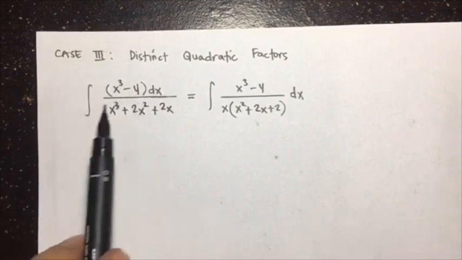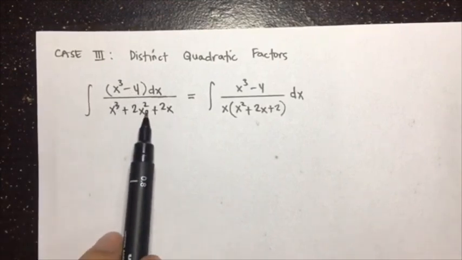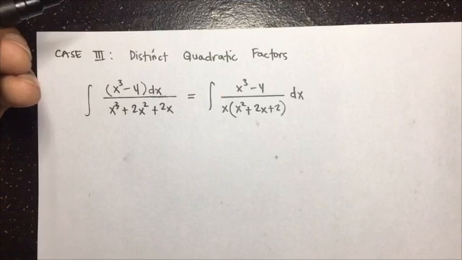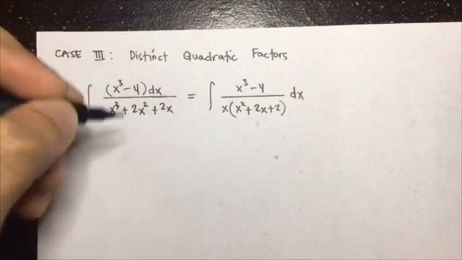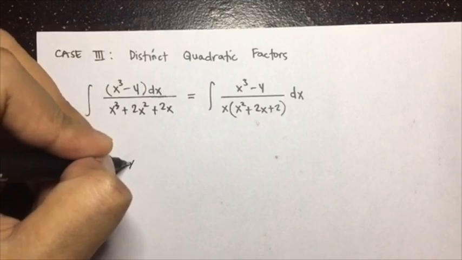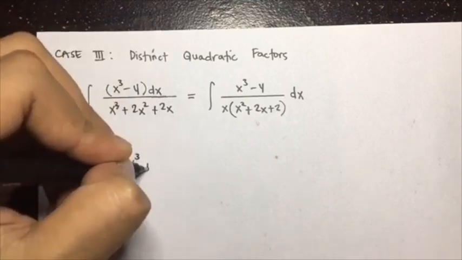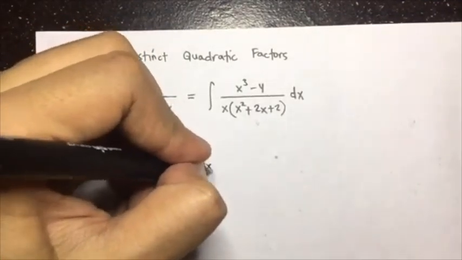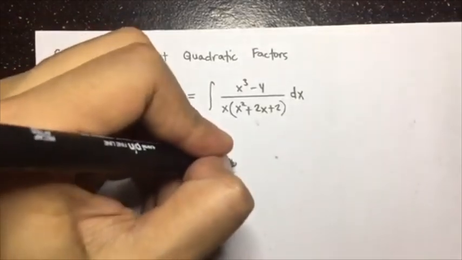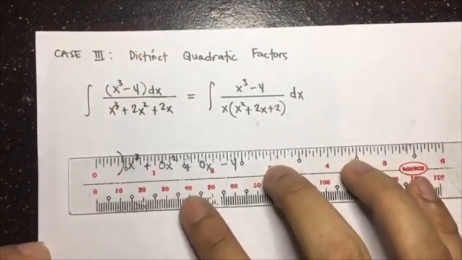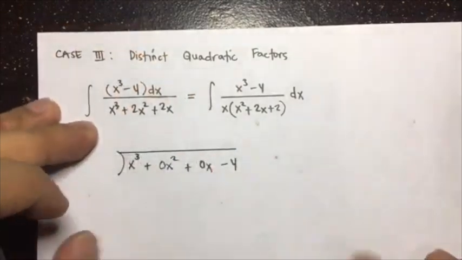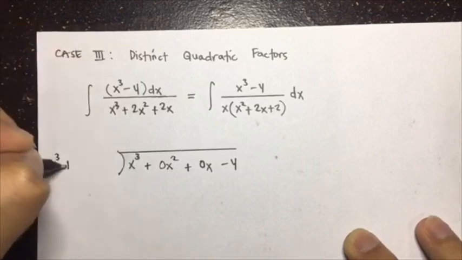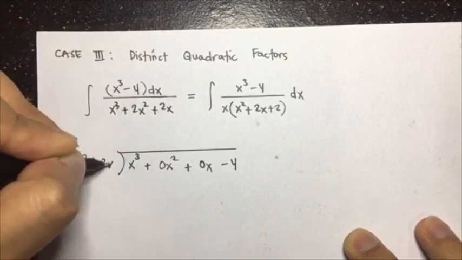Dividing x cubed minus 4 by x cubed plus 2x squared plus 2x, we will have x cubed plus 0x squared plus 0x minus 4 divided by x cubed plus 2x squared plus 2x.